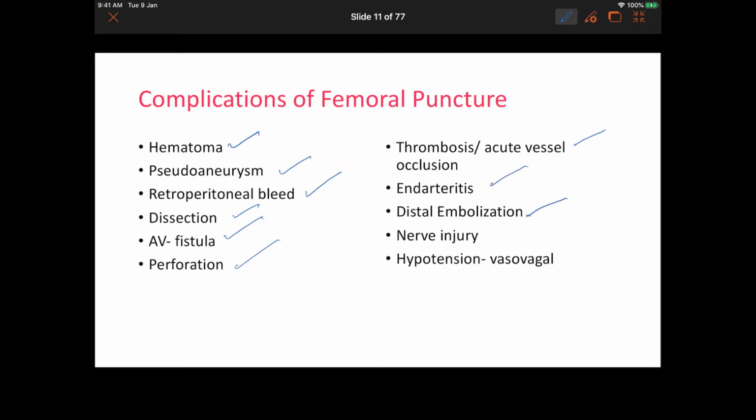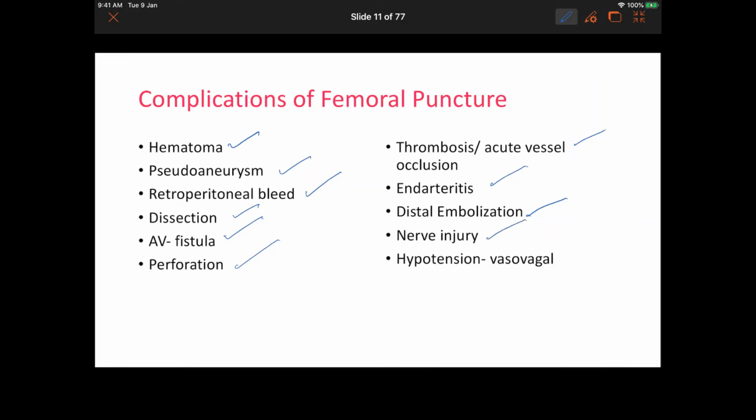Distal embolization: in people with a lot of atherosclerotic burden, when you are putting in and taking out devices, you can easily embolize calcific plaque, atherosclerotic plaque, even thrombus distally into the foot or the lower limb, and it can result in features of distal embolization.